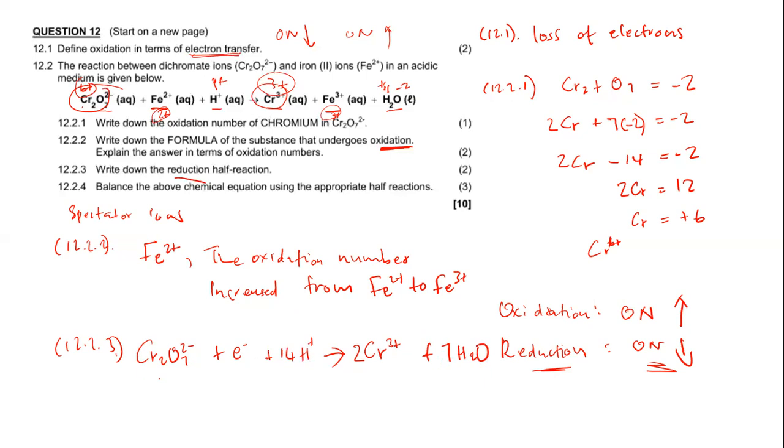Now we balance the charge. The charge is balanced by using the electrons. So how many charges do we have on this side? We have 1 electron, right? We have -2 from here, -1 from here, and then here we have 14 multiplied by positive 14. So we're going to say -2, -1 plus 14. We have 11 on this side.